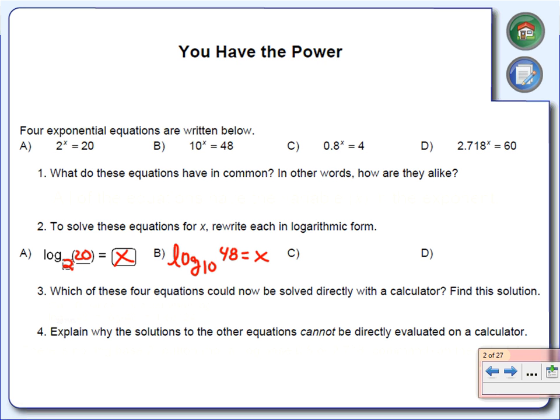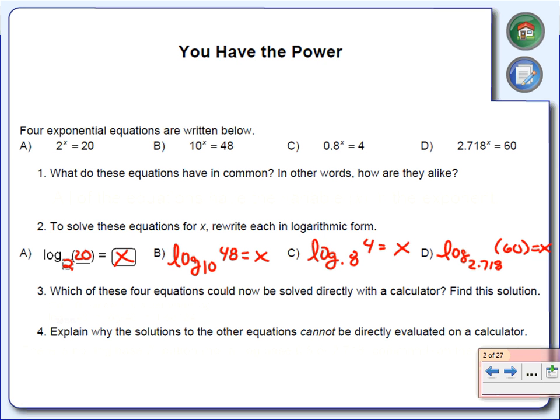It's understood to be a 10. The next one here, 0.8 to the x power equals 4. We'll write that as log with what base? 0.8 of 4 equals x. And of course, the last one, d, is the same thing. We have log with a base of 2.718 of 60 equals x.